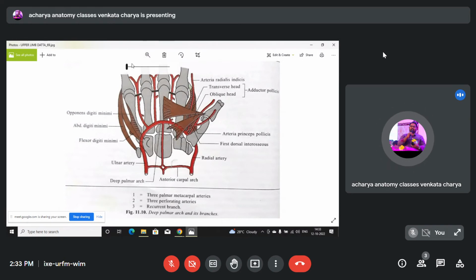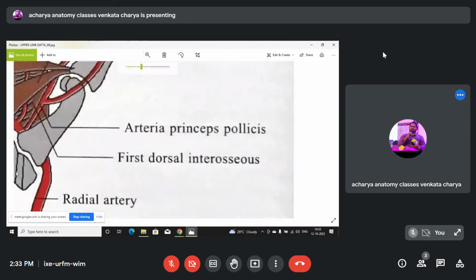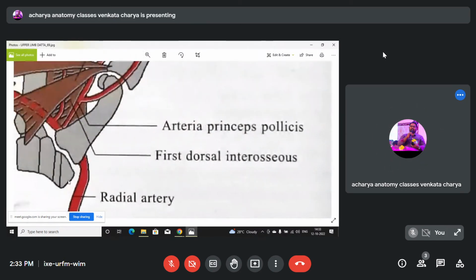The arteria principis pollicis bifurcates and gives 2 branches.